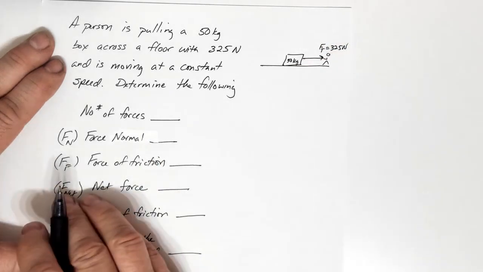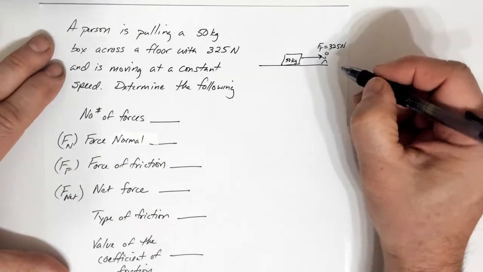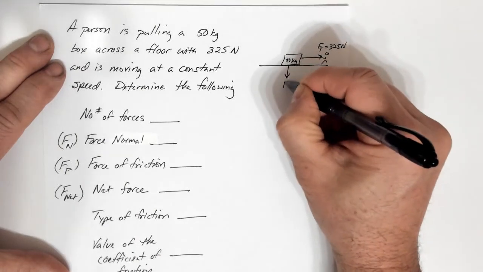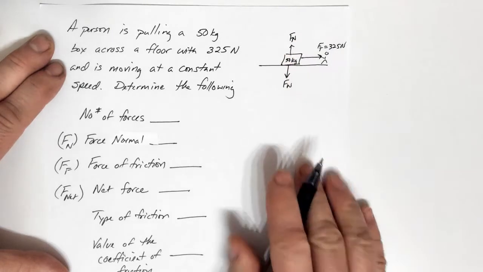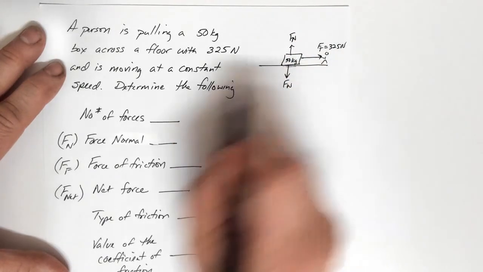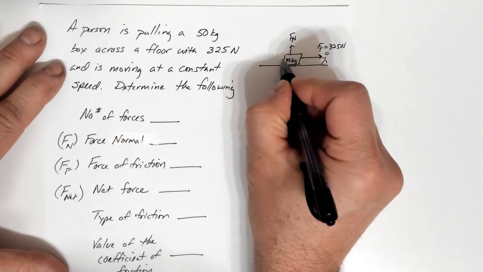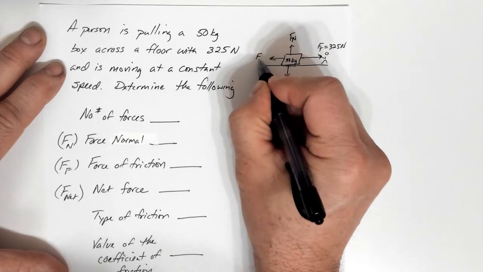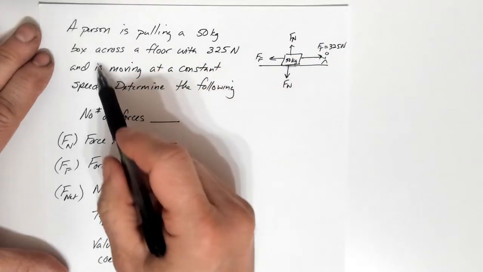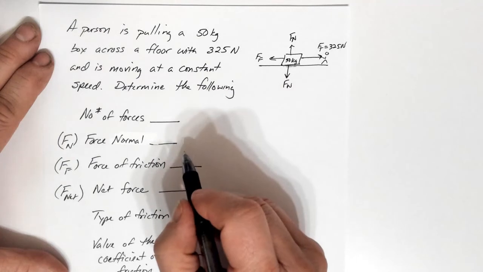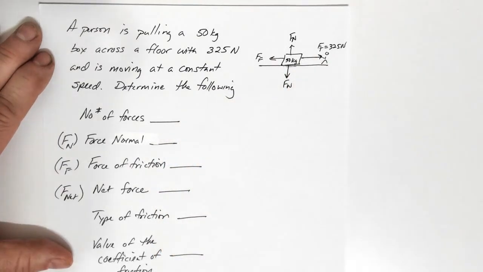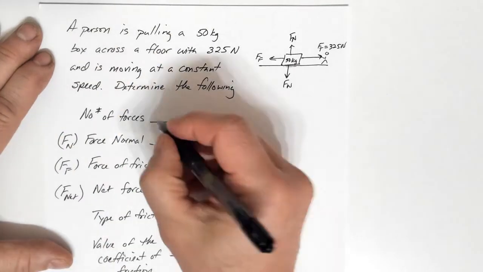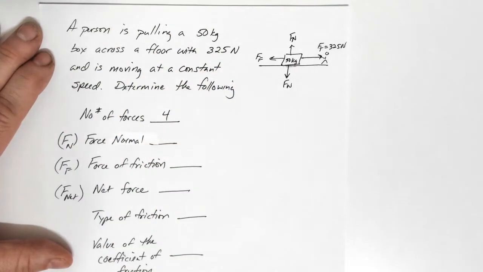So we're pulling, and we can add to our diagram. We know we have a force of weight, and we know we have a force normal that's being pushed back up. And we know since they're sliding together, there's going to be friction. They didn't mention any drag, and we're probably not going very fast enough to worry about air drag. If I look at that, I don't see any other forces I can add, so I'm going to say that there are 4 forces in this problem.